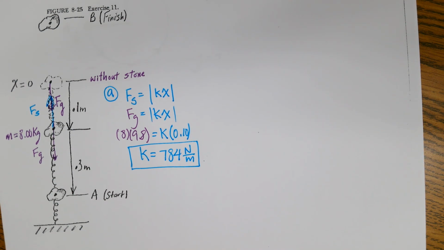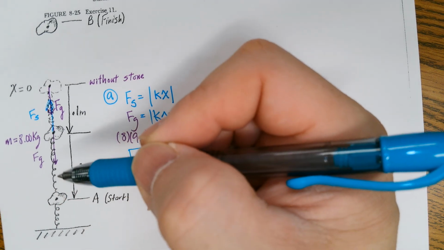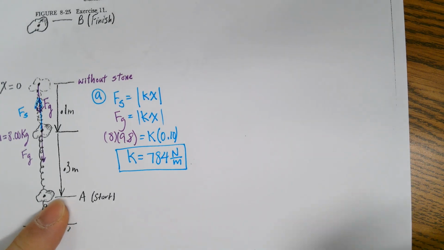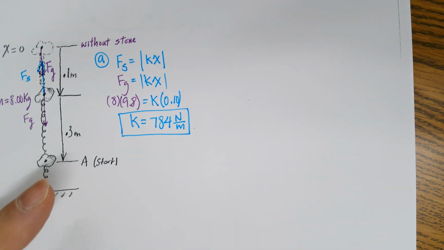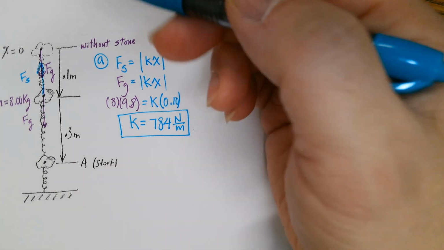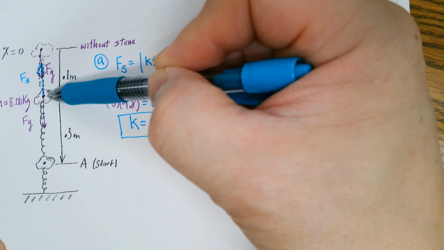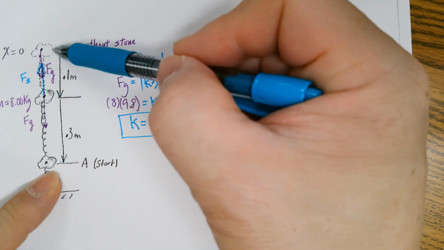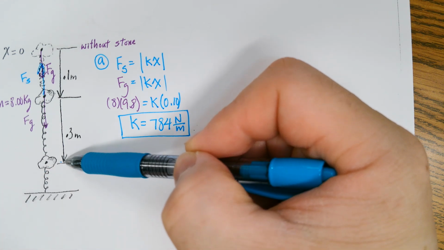B. The stone is pushed down an additional 0.3 meters. Now this thing is being loaded even more, right? So now, how much energy does it gain? The potential energy. So not only did it compress 0.1 meters, now it's compressed even more with 0.3 meters. So total compression happens to be 0.4 meters.